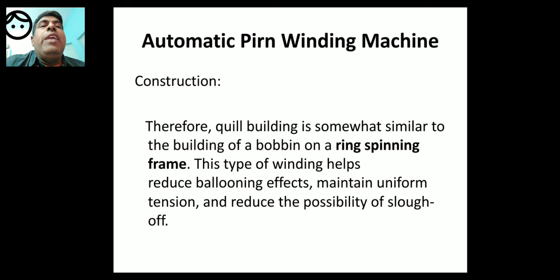While withdrawing yarn from the package, generally a single yarn is withdrawn, but in case of slough off, a group of yarns like 5 to 10 yarns are withdrawn by mistake, by an erratic method. That's why it is known as slough off. So this winding also helps in reducing the possibility of slough off.